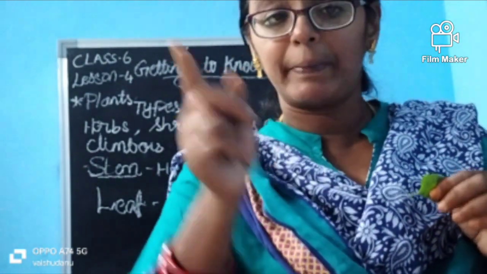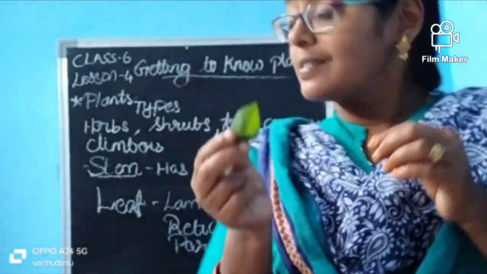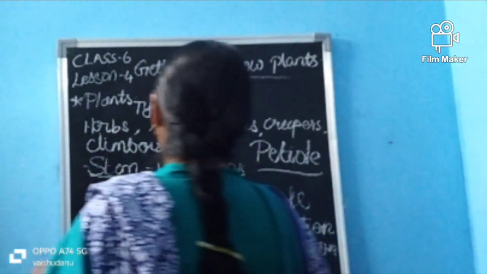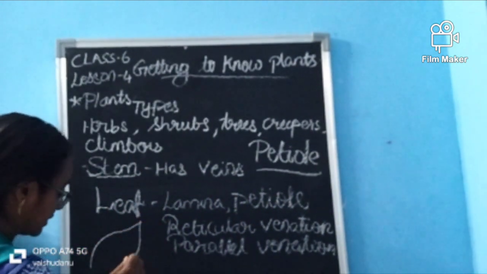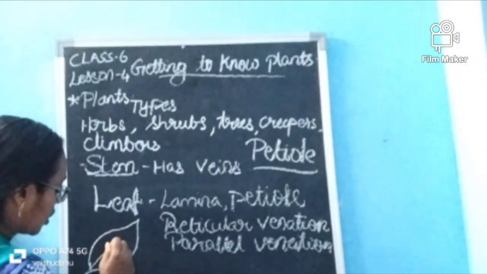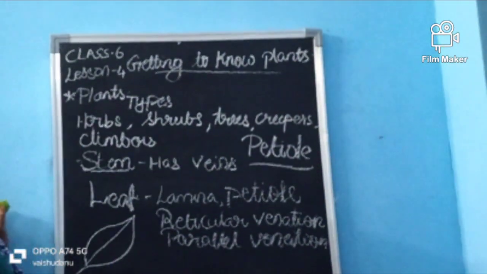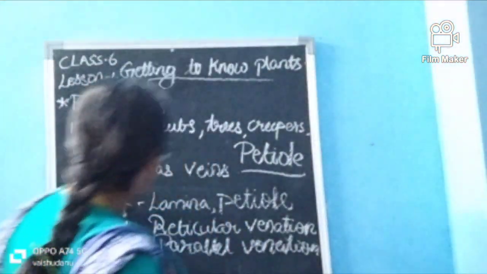Midrib means it is moving from the middle. From the central vein there are many small branches of the vein starting. They are called veins only, the small veins which move from the central vein.